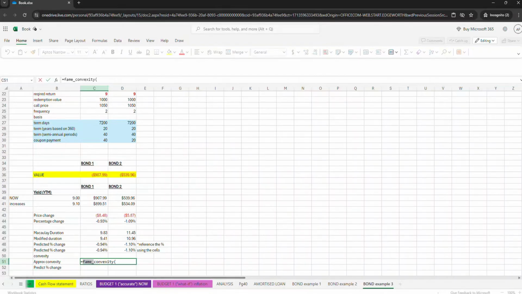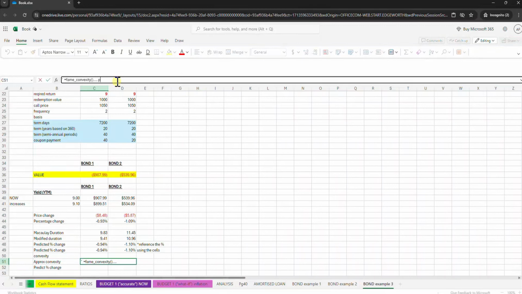So when I see FAM underscore convexity, I'm thinking it's an actual pre-built function that somebody has created or developed, and then they've used it in this spreadsheet. That's what I'm thinking. Just ask them about this. I think it's a pre-built function. Okay.